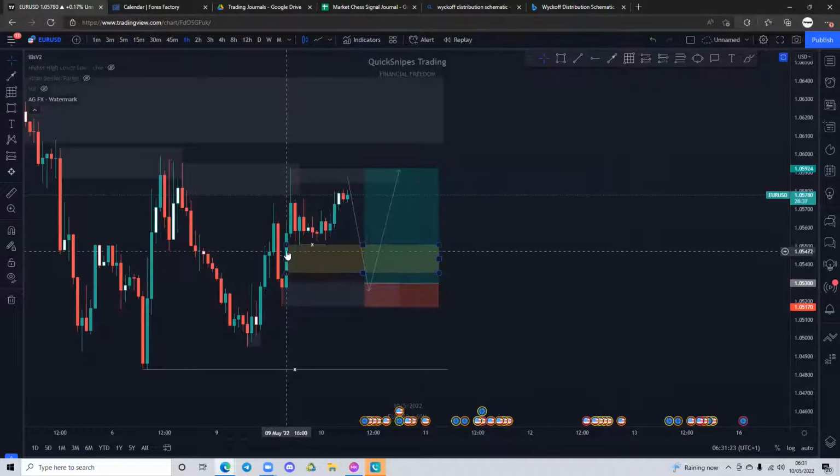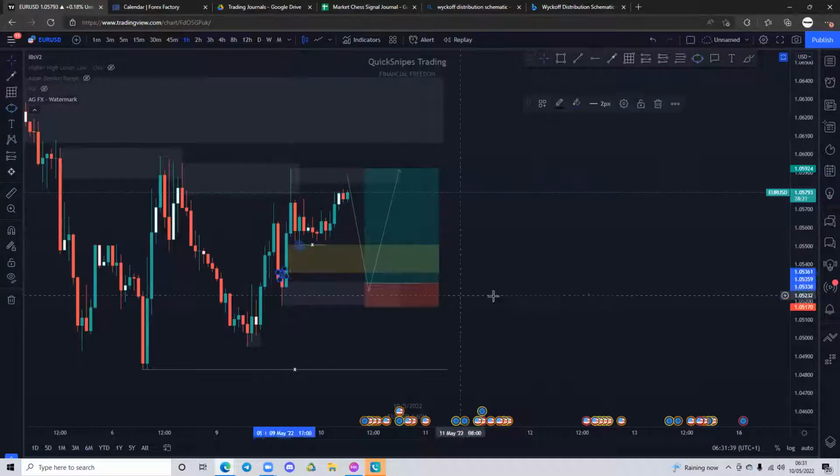We've just had that impulse move, and that gap has been left between this wick over here, but also this wick over here. So I don't know if that's very clear. I'll just mark that up a bit weirdly. Yep, so between that wick and that wick. So we formed an imbalance.